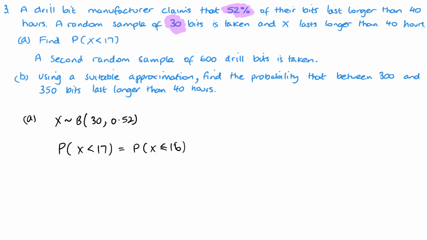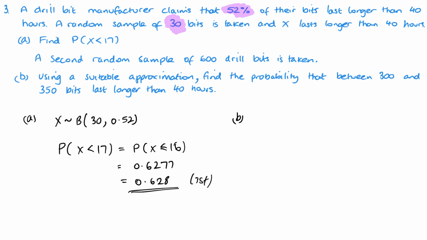I'm just going to do this in my calculator to save a little bit of time, but you can do it manually as well using the tables. And this will give me 0.6277, or 0.628 to 3 significant figures. So that's just initially the same as what we'd done previously.